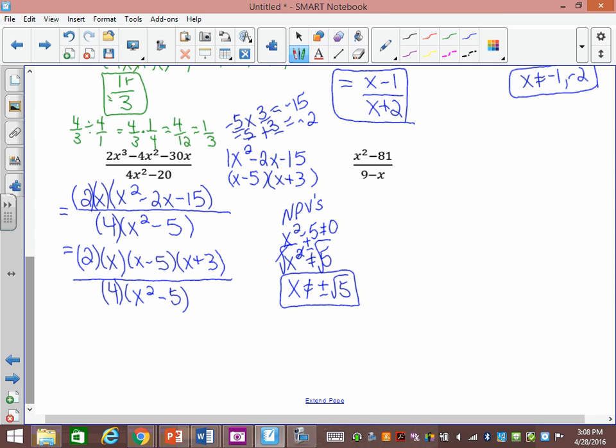These are two different things. This would have to have an x, and it doesn't. So there's nothing else going except for this 2 and 4. 2, I can take a 1, and then the 4 divided by 2, I can take a 2. So I'm left with x times x minus 5 times x plus 3 over 2 times x squared minus 5.